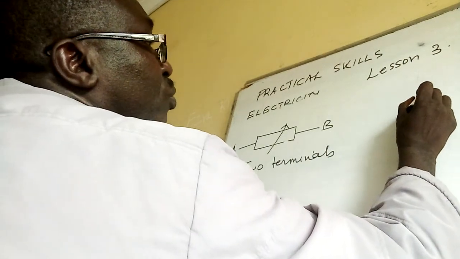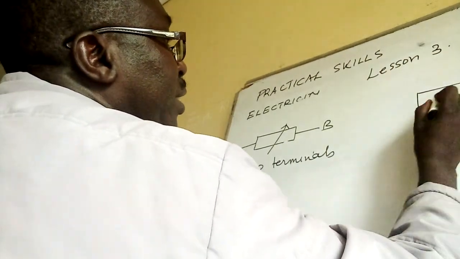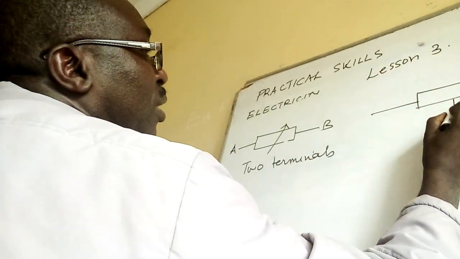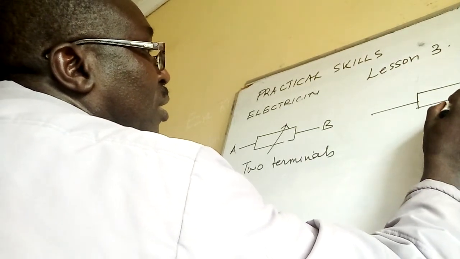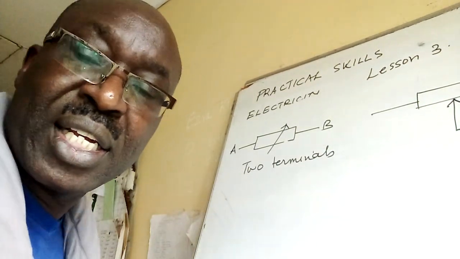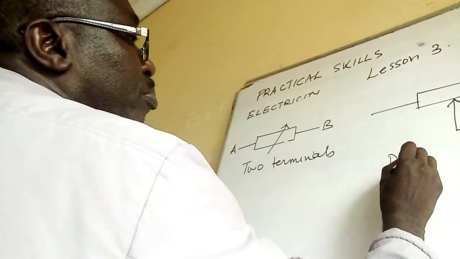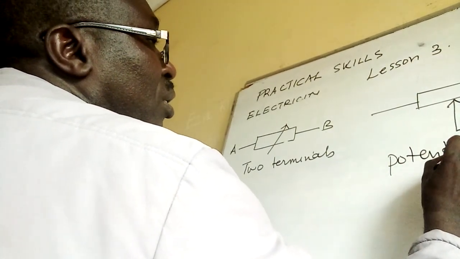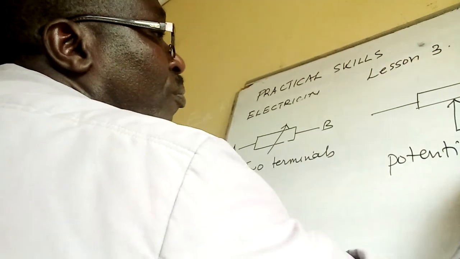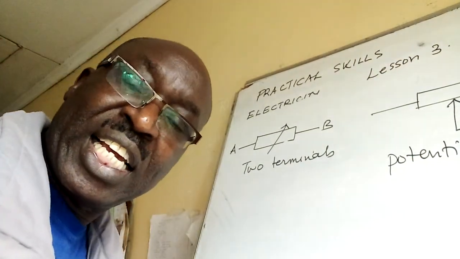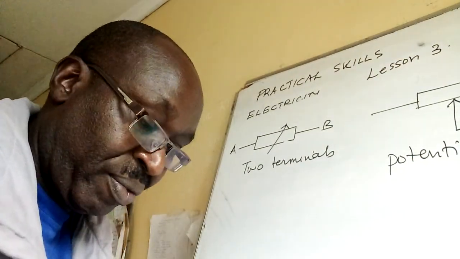But when I draw for you something like this, then that is a potentiometer. So what does it mean in a nutshell?